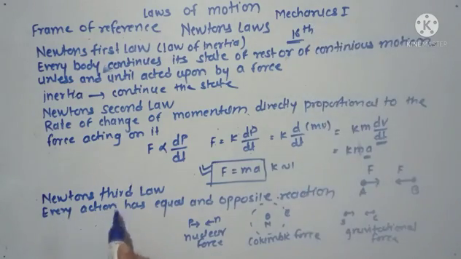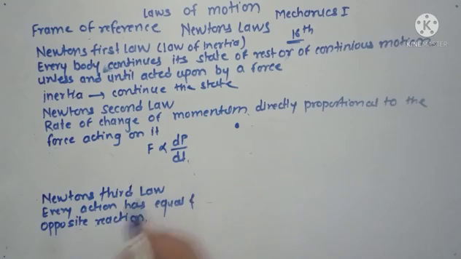So this is the third law, which says that every action has equal and opposite reaction, which means that if a particle applies one force on another particle, the other particle will also apply the equal and opposite force on the first particle.